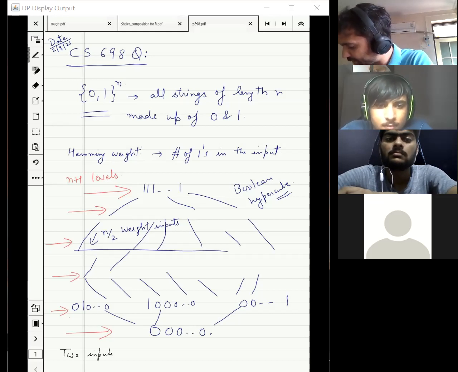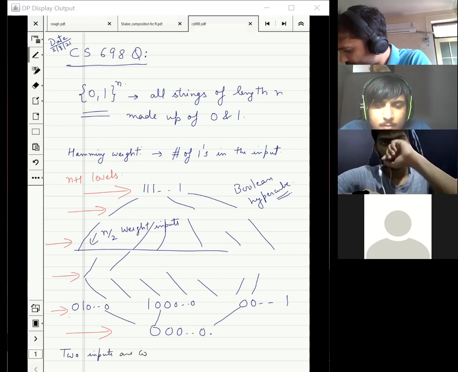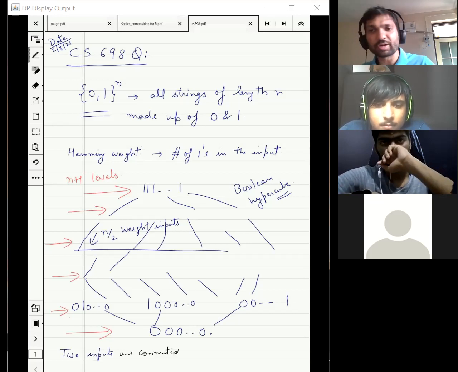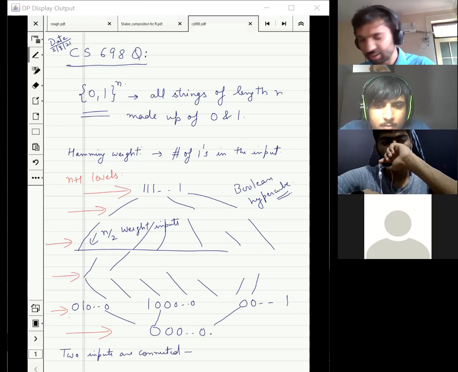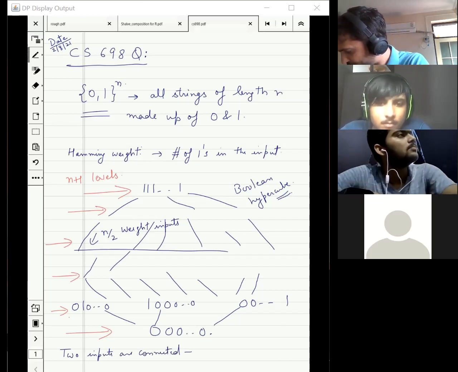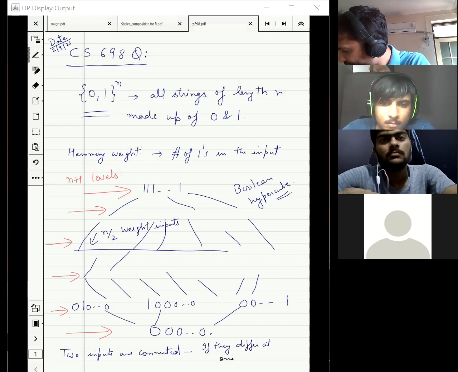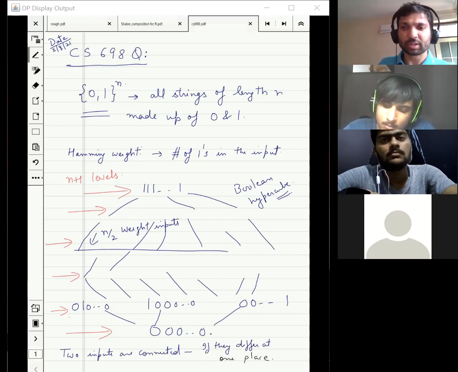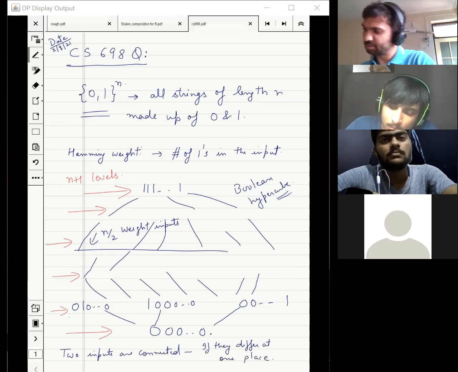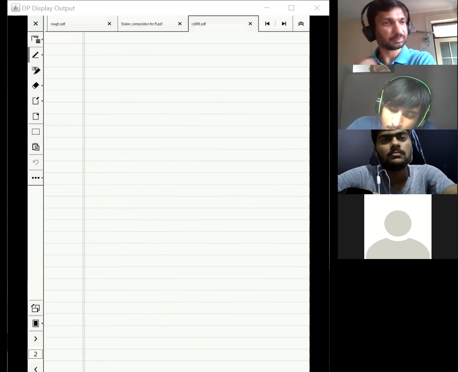Since they only differ at one place, definitely they will be in the adjacent levels. Correct? If they differ at just one place. Okay, this is your Boolean hypercube.